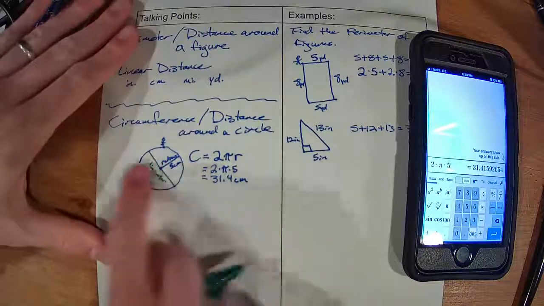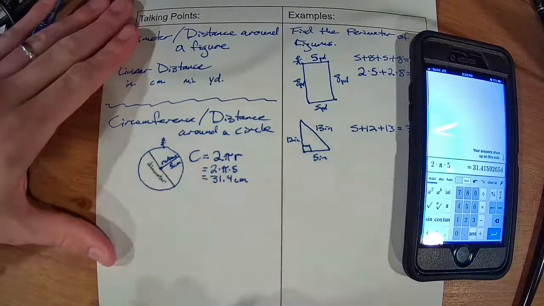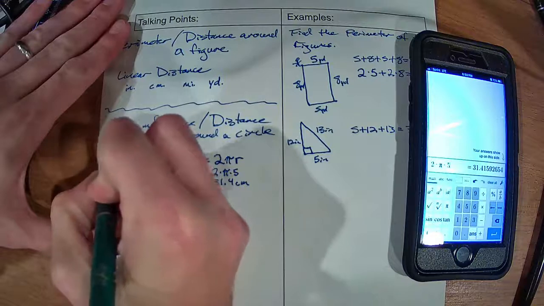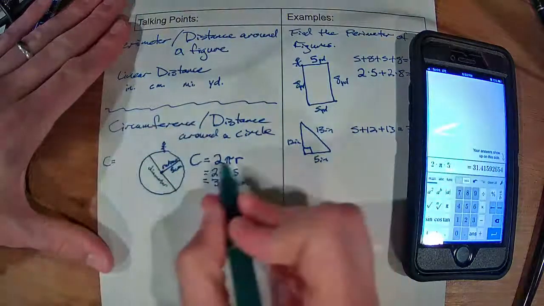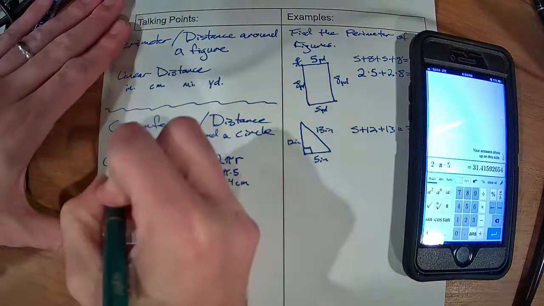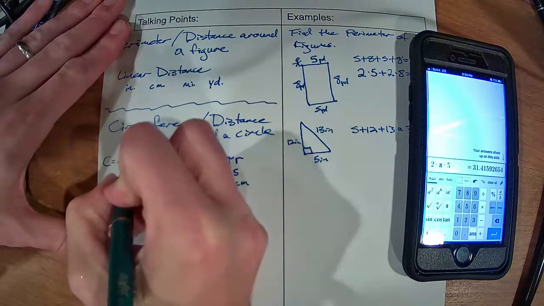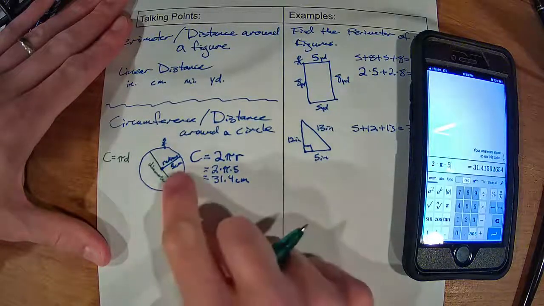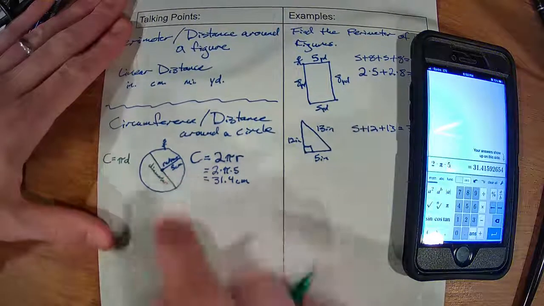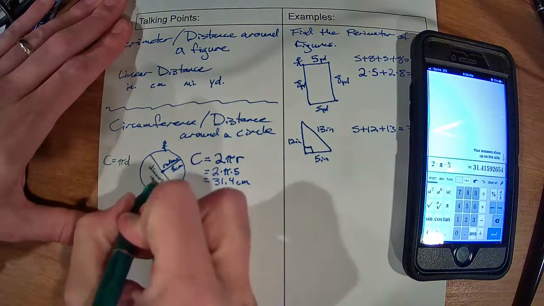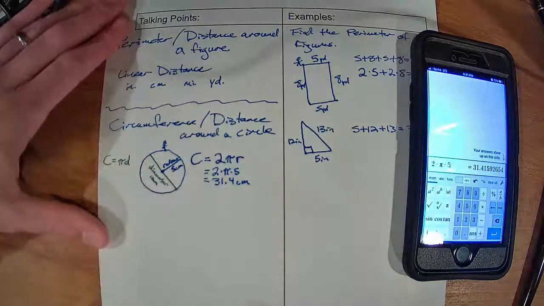So if I wanted to use the same circle, but use a different circumference formula, here's what I would do. I would say circumference this go around, since a diameter is 2 radii, I could say simply that it is pi multiplied by the diameter. And let's review. In this case, we said our radius was 5 centimeters, so that means our diameter would be 10 centimeters.